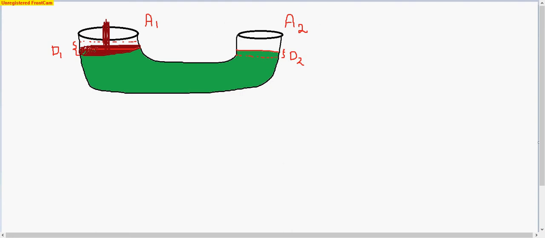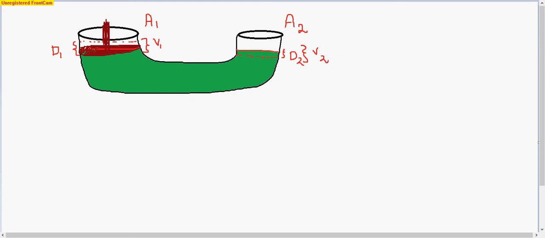As you can see, this volume of water pushed by the piston, let it be V1, will be equal to this volume raised over here, let it be V2.